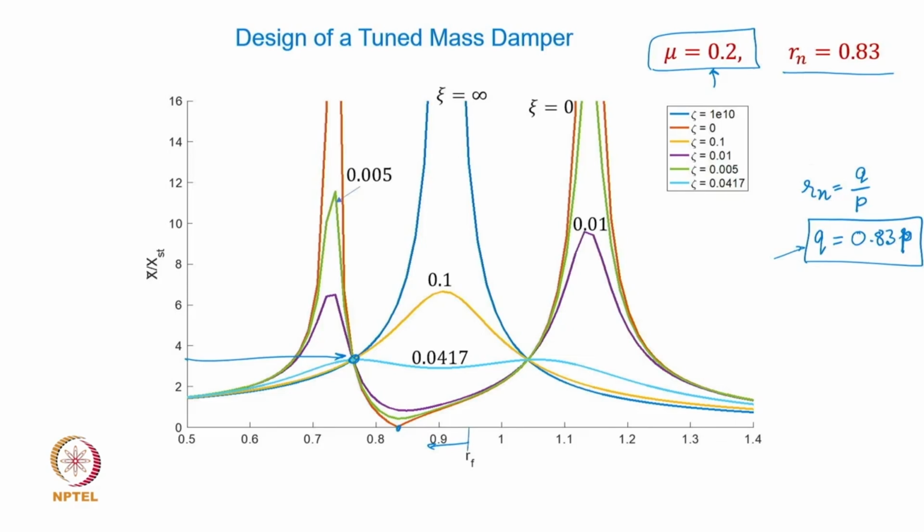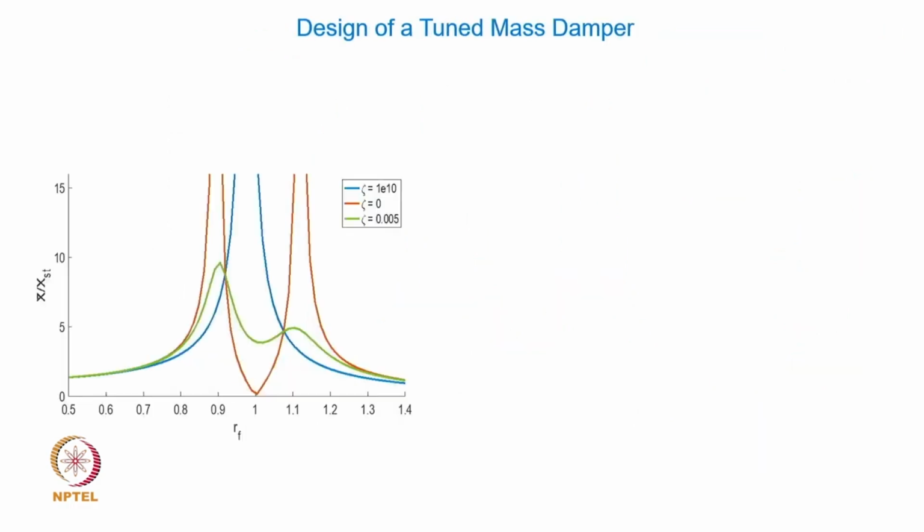But once mu is decided, Rn gets decided based on that, and of course the damping factor will have to be evaluated. Now we have all the time been talking about an appropriate value of mu, and then Rn gets decided, zeta gets decided, but where are they coming from? How are we calculating these values? This is something we are going to discuss based on the initial expressions that we have got.